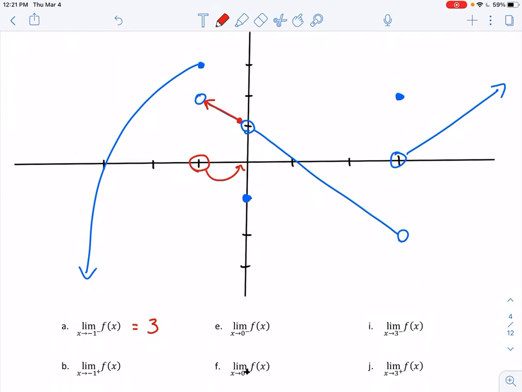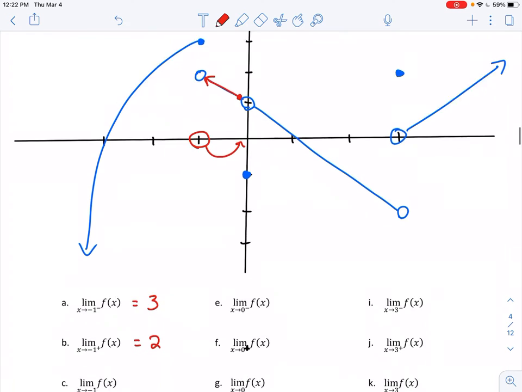I want to be getting closer and closer to x equals -1. In this case, we're pointing at this open circle right here. We're getting closer and closer to that open circle, which has a y value of +2. So that means that the right-hand limit must be +2.